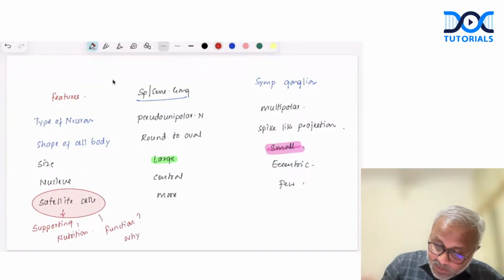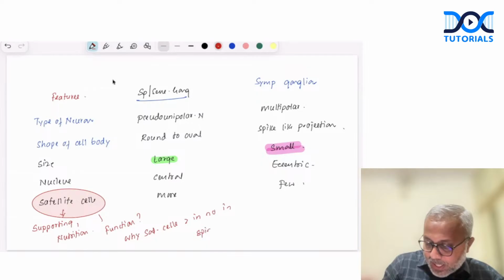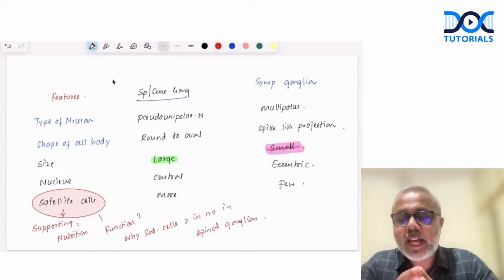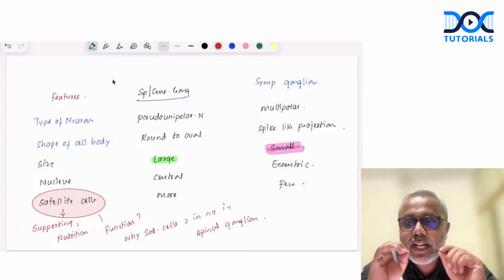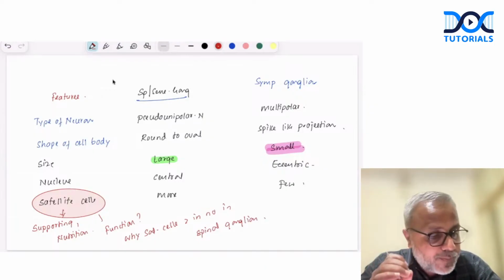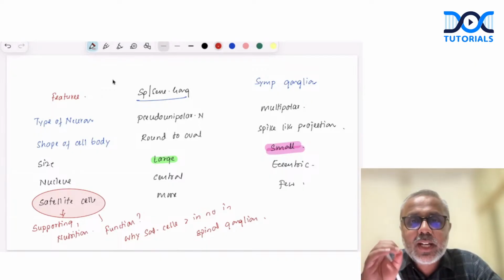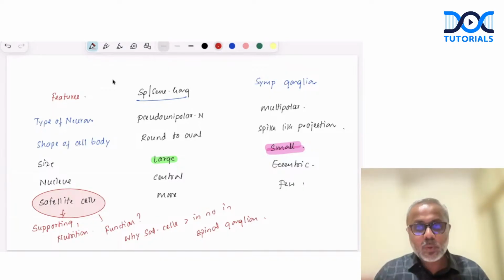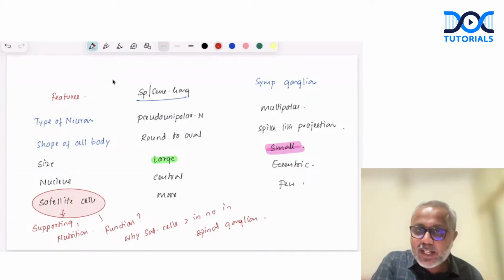And why are satellite cells more in number in spinal ganglion? If you get the slide of spinal ganglion, if you get the slide of autonomic ganglion, you will definitely get this question by your examiner. Done? Right? So this is regarding a brief discussion on the differentiation between the spinal ganglion and the autonomic ganglion.